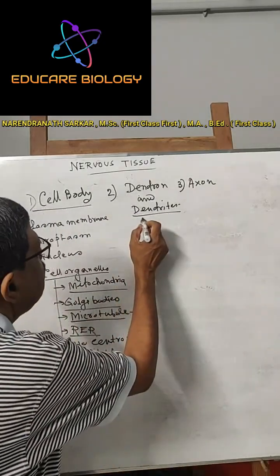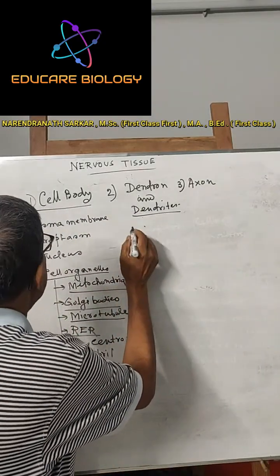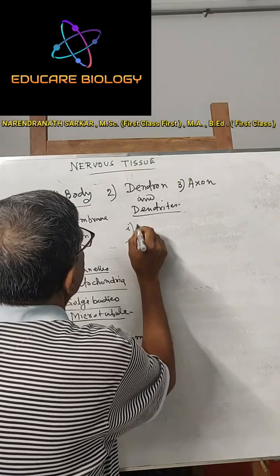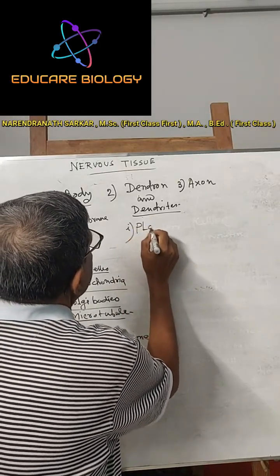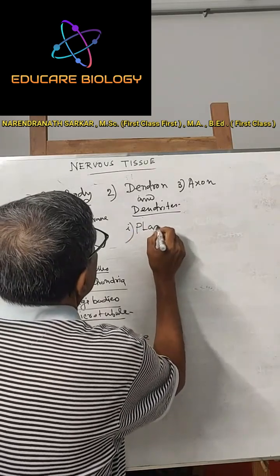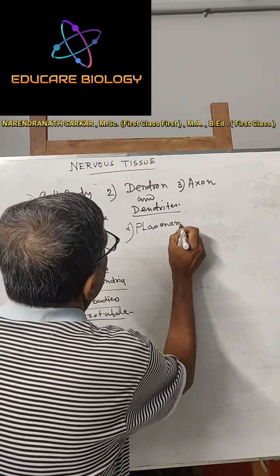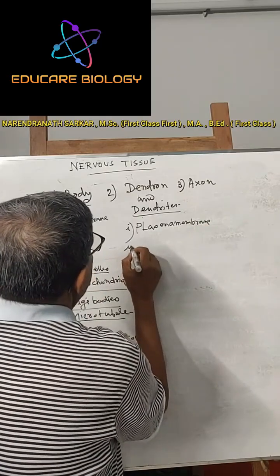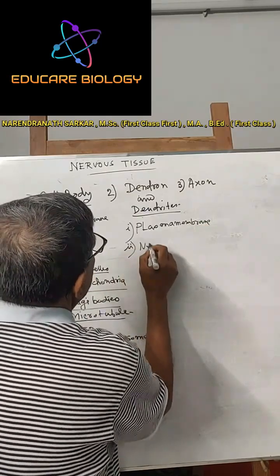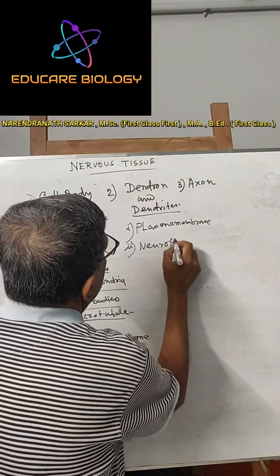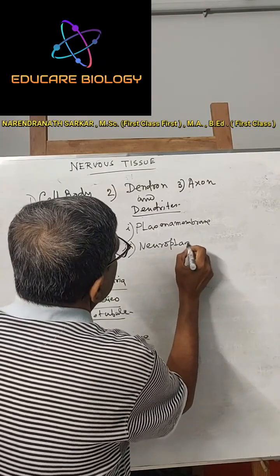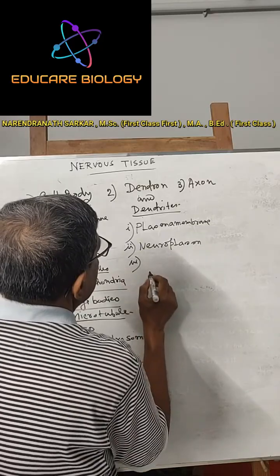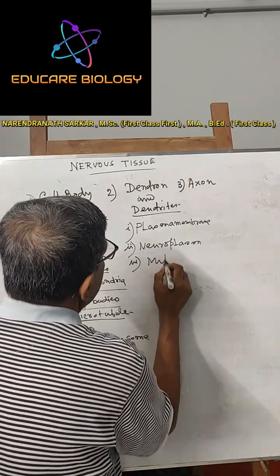In case of dendron, there is present: one, plasma lemma, the plasma membrane. Number two, neuroplasm. Number three, mitochondria.